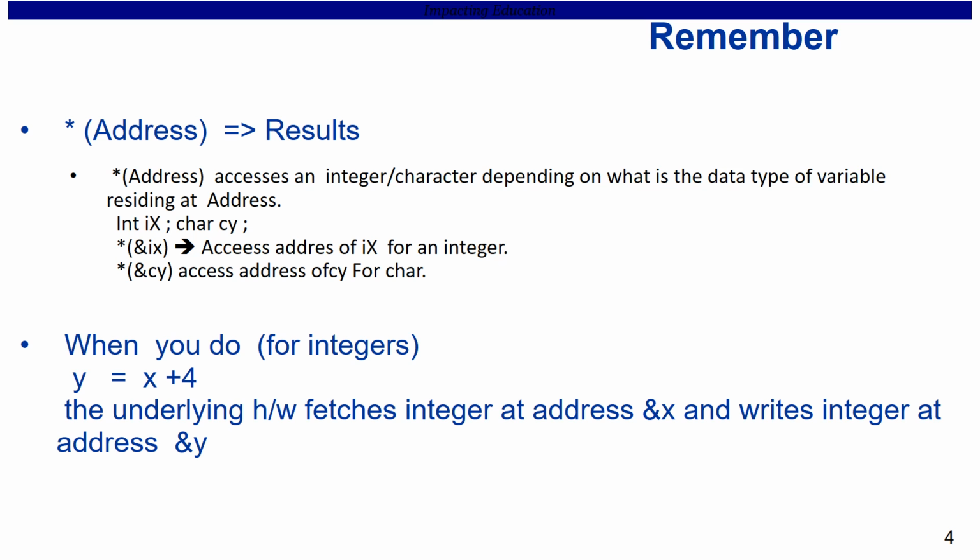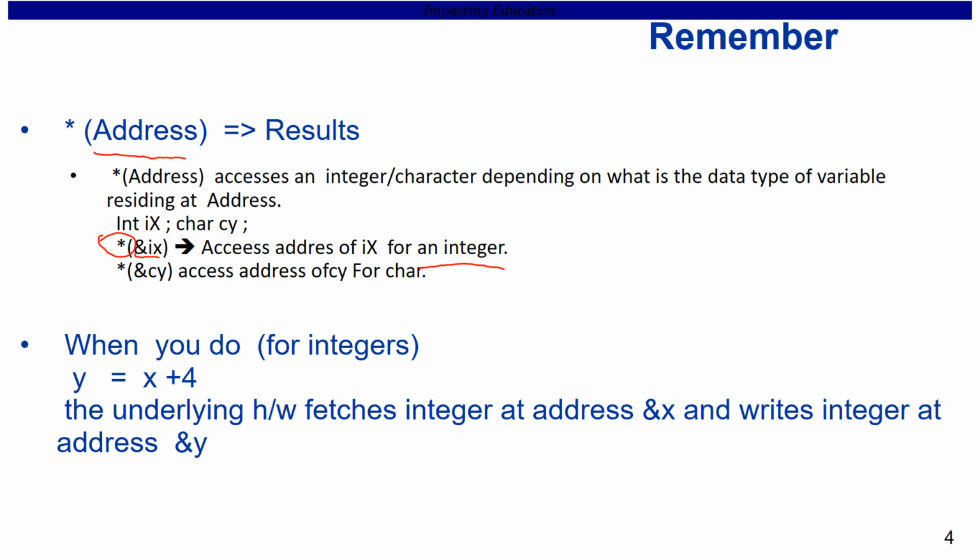Just like I said, star can be applied on any address. If ix resides at an address, and of ix will give the address of ix. Star operator in such a case will access an integer.